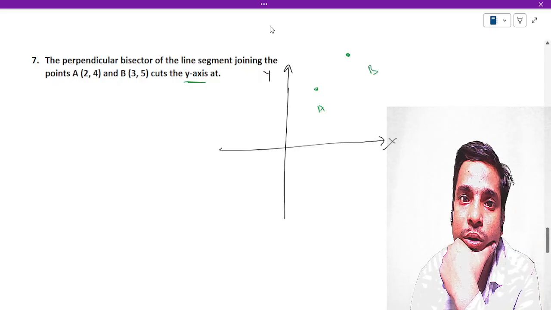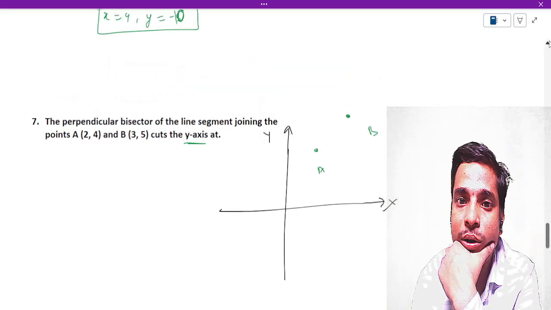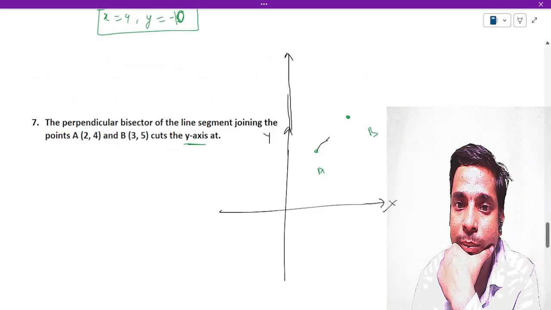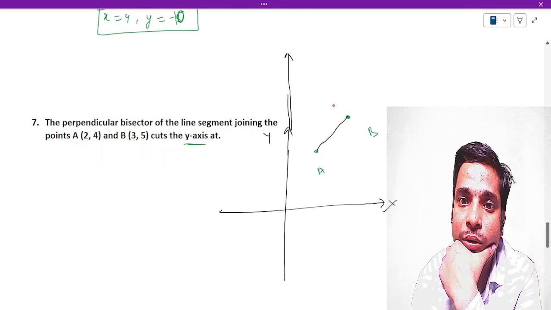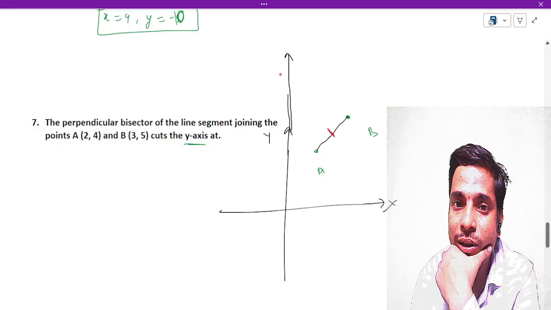So over here, what they're asking is the perpendicular bisector of the line segment joining A and B. This is line segment AB. The perpendicular bisector means a line which will divide this into two equal parts, as well as make a 90-degree angle with it.